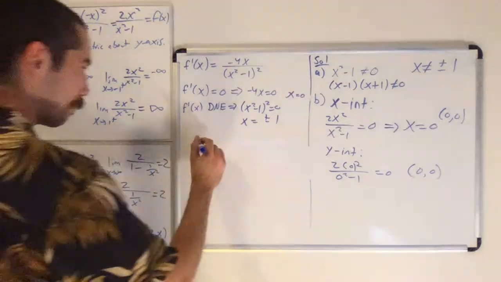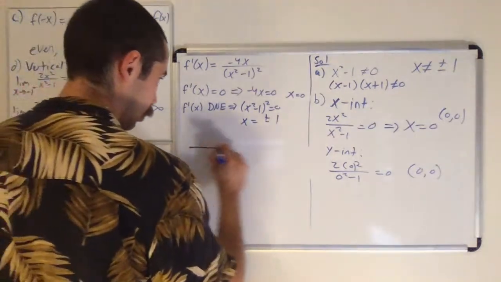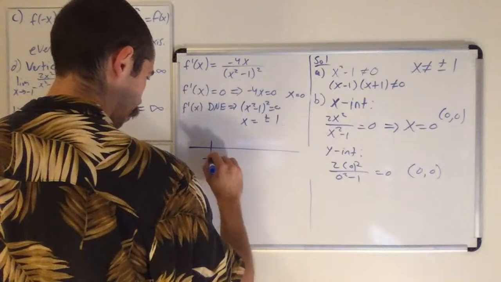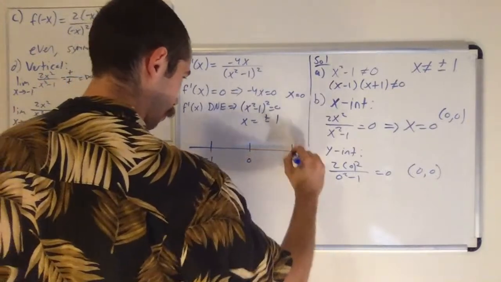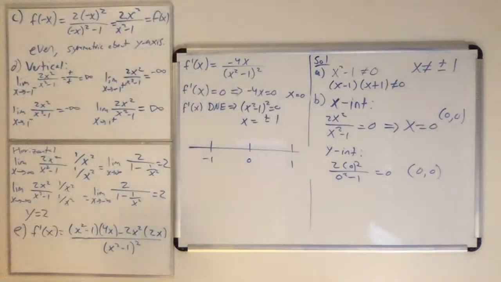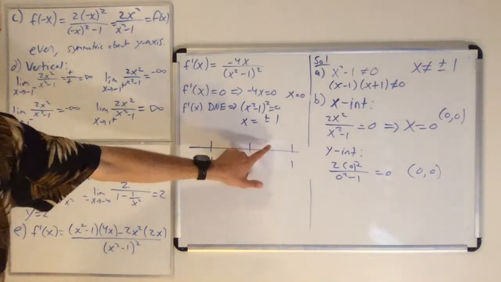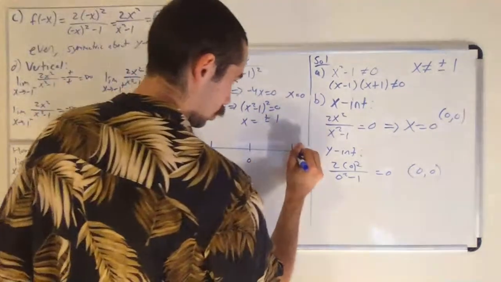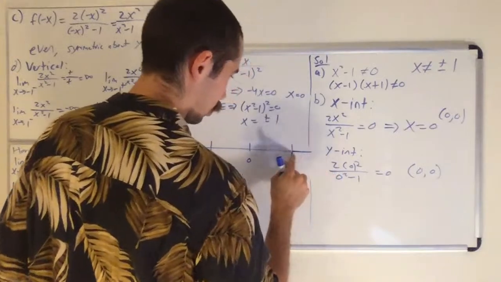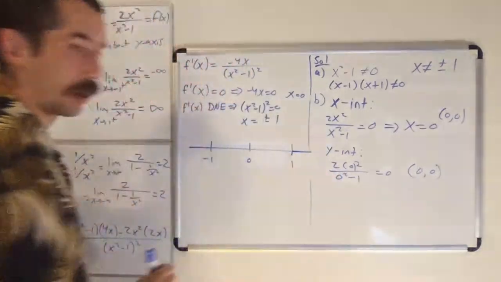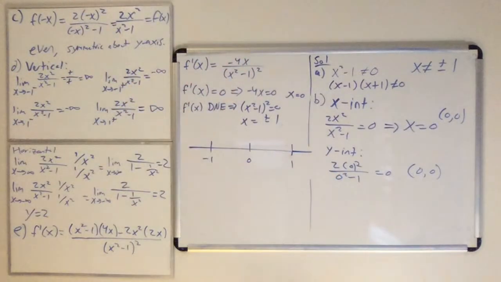Okay, so we'll take our number line, and we'll take a test value in each of these segments. And check, is our derivative positive or negative in each of those segments?